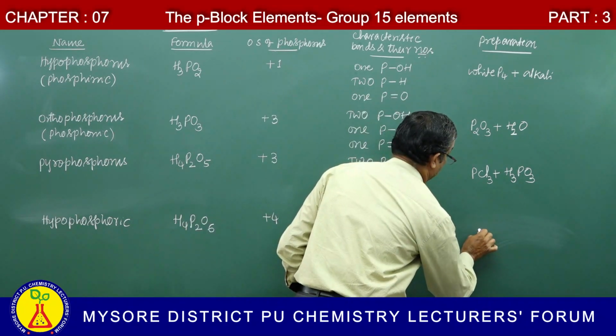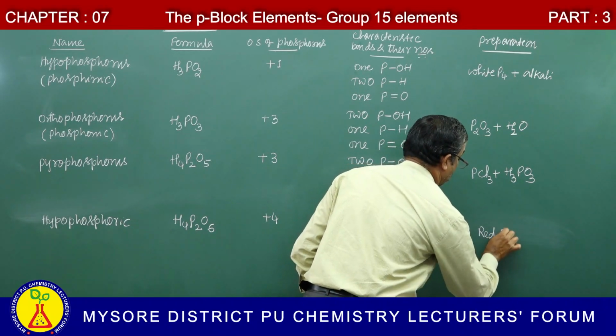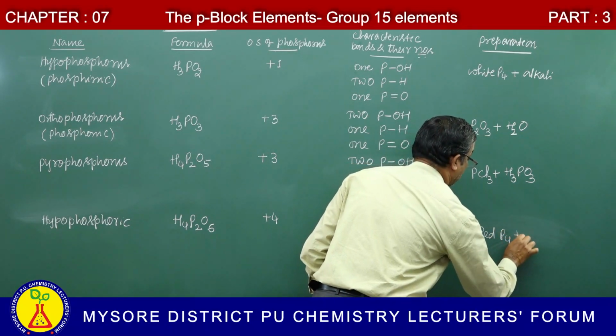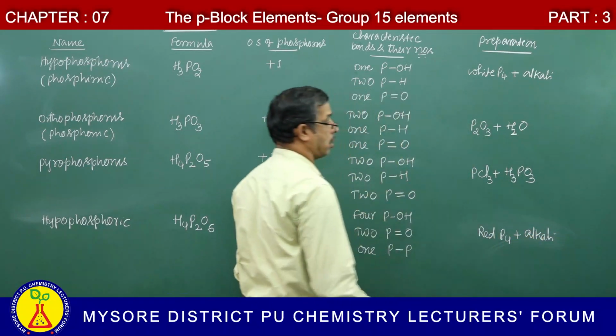Methods of preparation: when red phosphorus is treated with alkali, we obtain hypophosphoric acid.